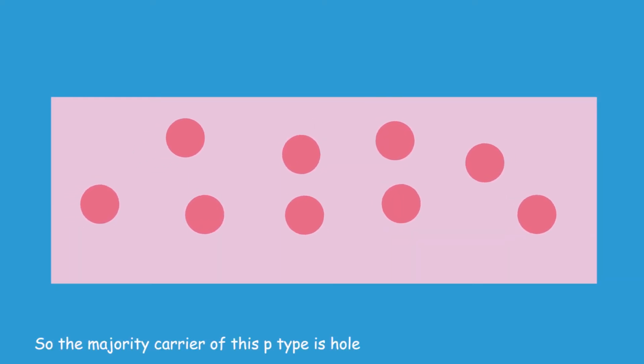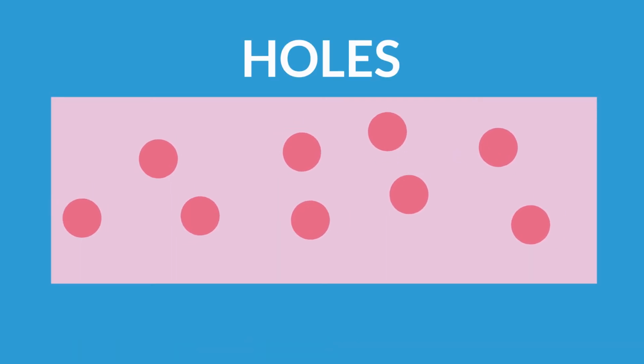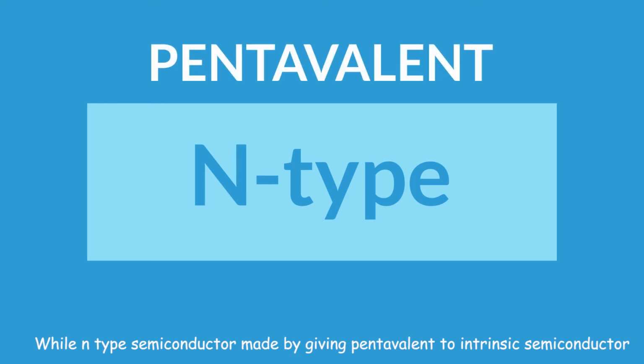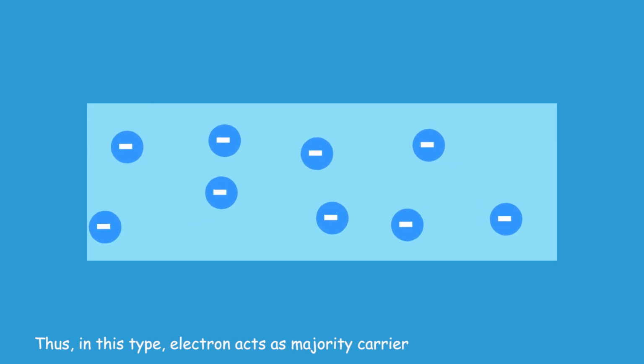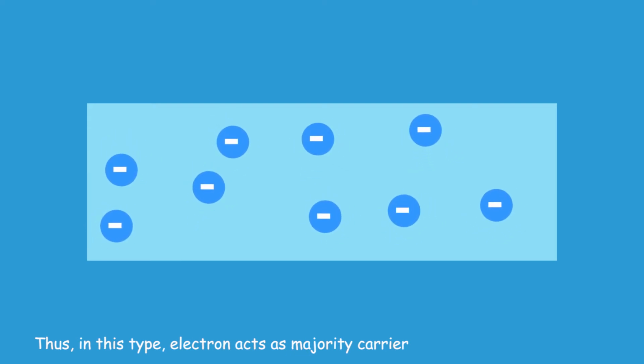So the majority carrier of this p-type is the hole, while an n-type semiconductor is made by adding pentavalent impurities to an intrinsic semiconductor, which makes it have more electrons. Thus, in this type, the electron acts as the majority carrier.